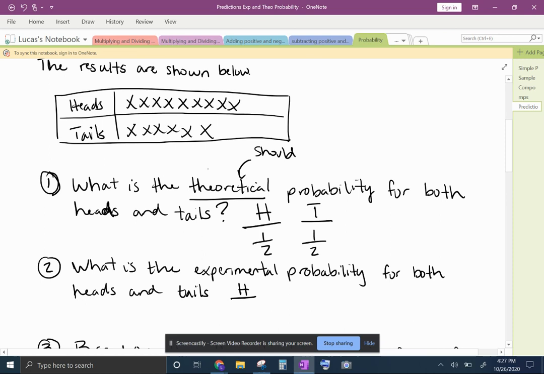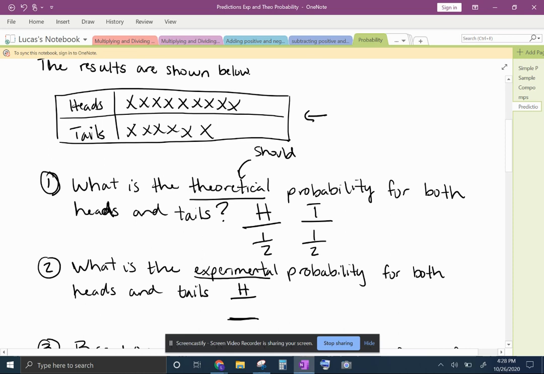Well, the denominator for experimental is based on how many trials were actually performed. Because we're talking about experimental, we're going to use the data in this chart, the probability based off this experiment, the data that we've actually taken.